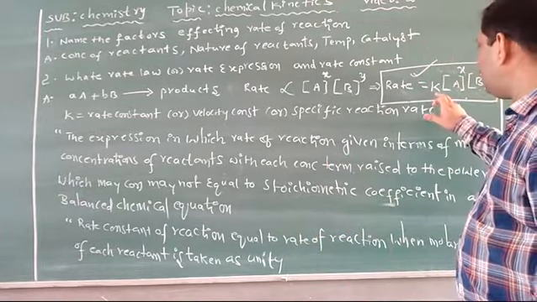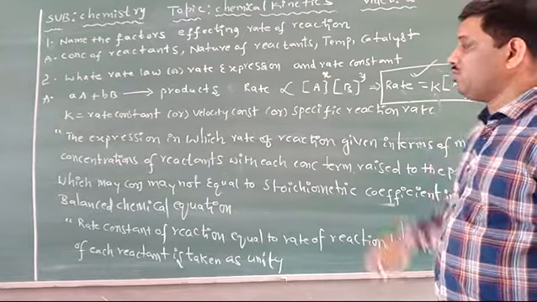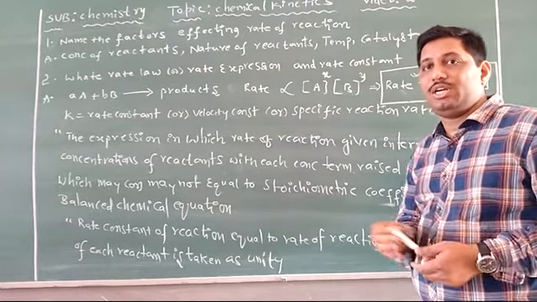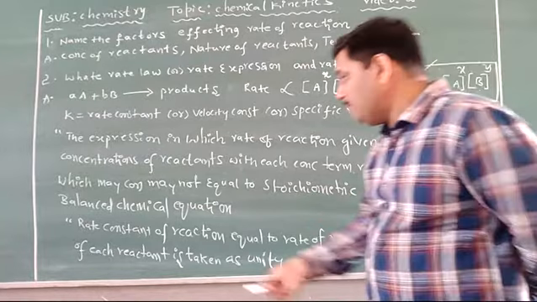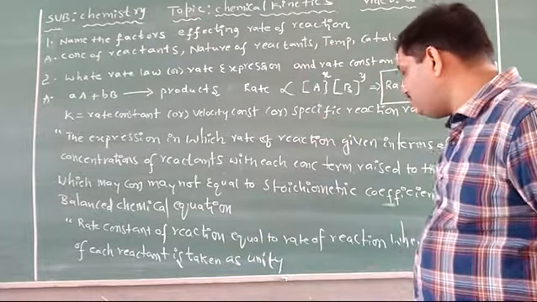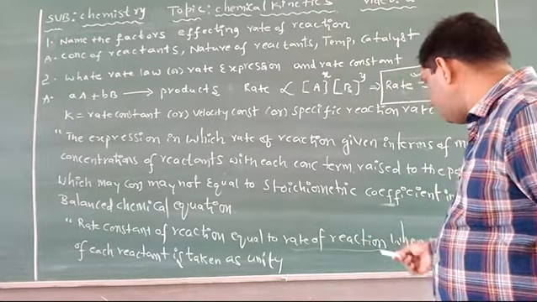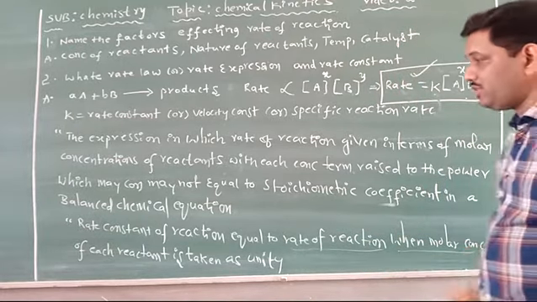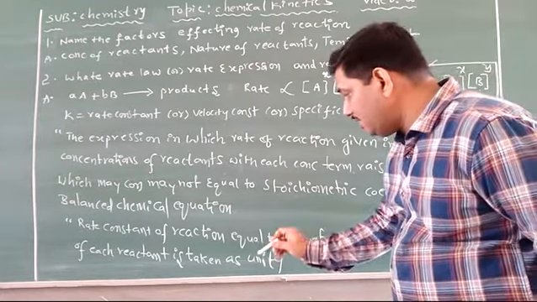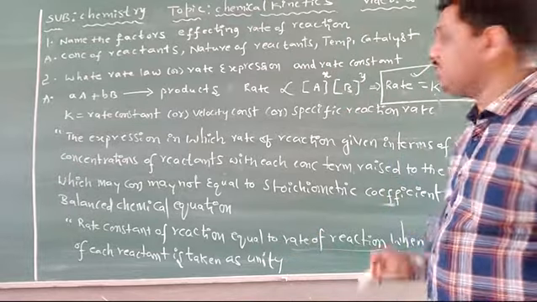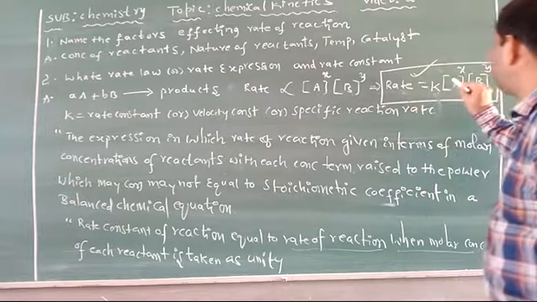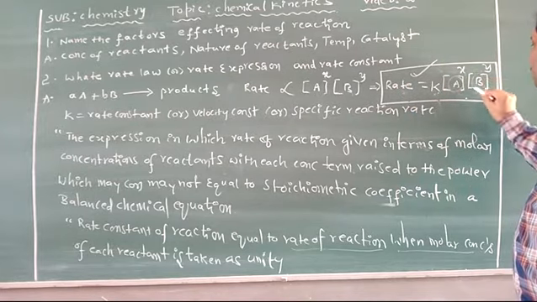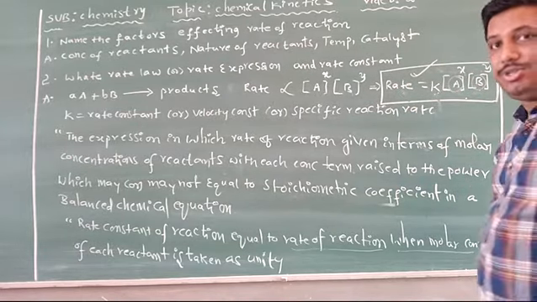Next, students, the rate constant, velocity constant or specific reaction rate is defined as follows. The rate constant of the reaction is equal to the rate of reaction when the molar concentration of each reactant is taken as unity.